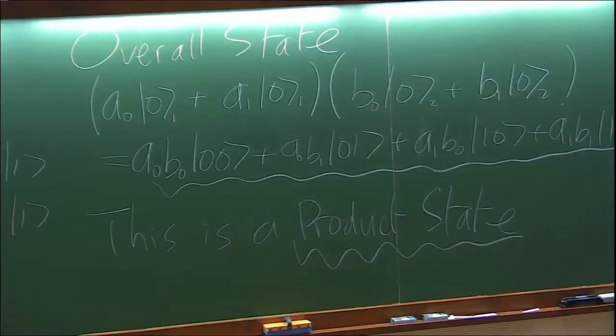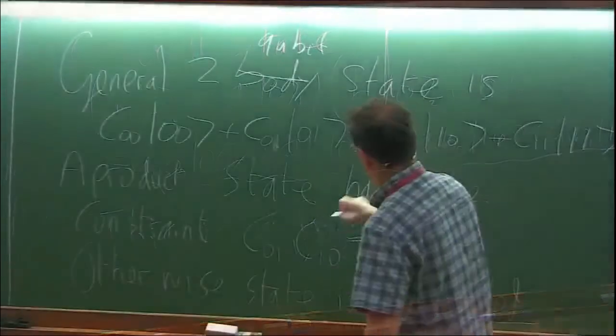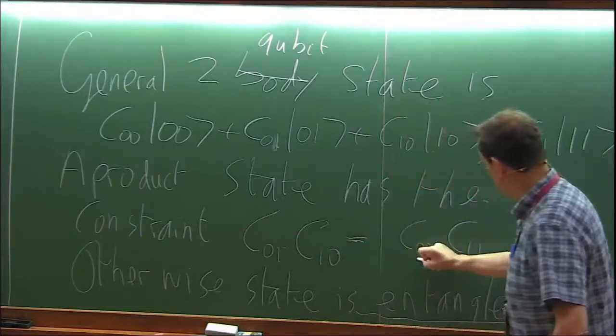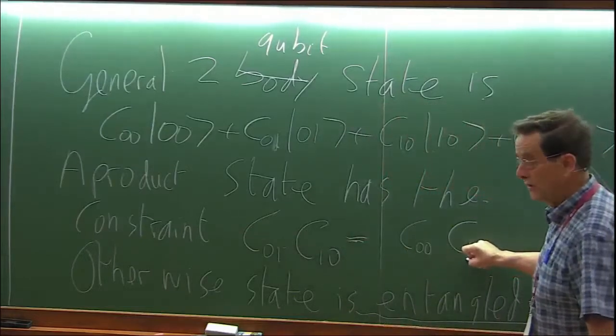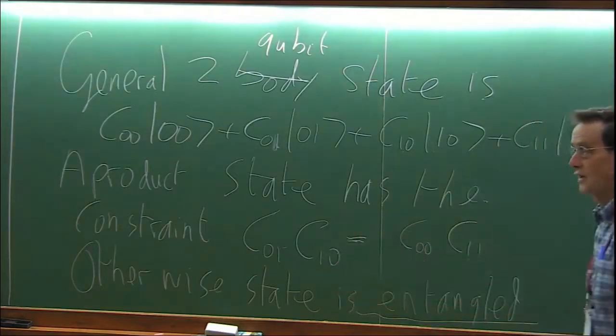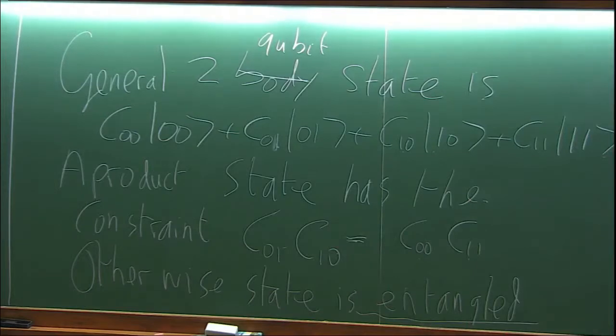So in a product state, the following condition is satisfied: C01 C10 is equal to C00 C11. This is a condition which must be satisfied for this to be a product state. If this condition is not satisfied, then we say that we have an entangled state.